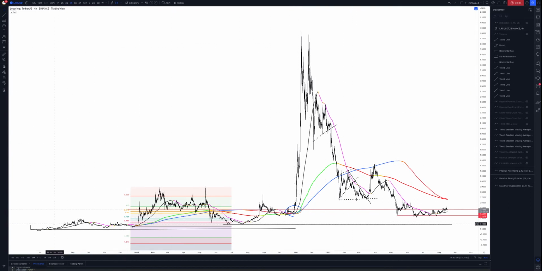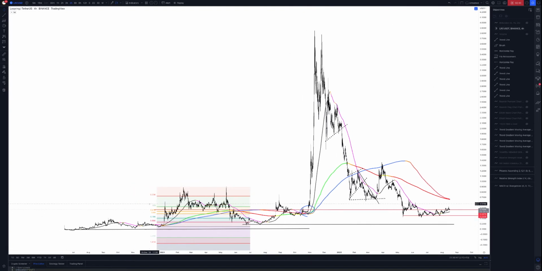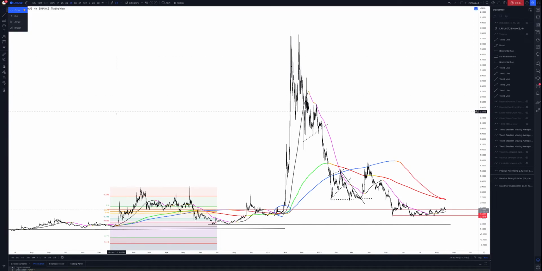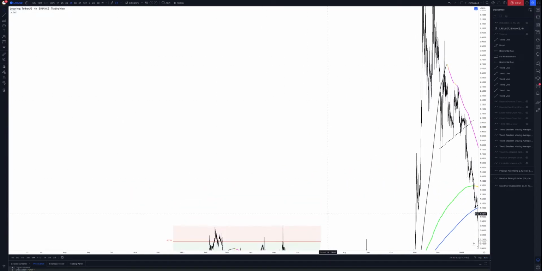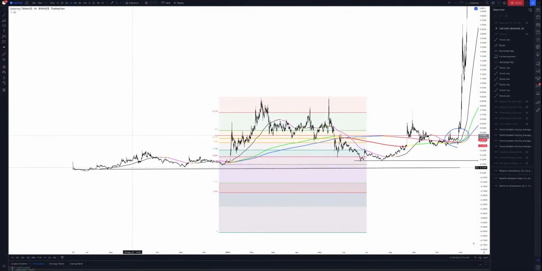Now, what we had here, in many cases, you can see pretty much a cycle's coming back all the way down. Question is, how far would it come back down? So in this case, and you notice that I don't have the log on, I looked at the initial breakout.